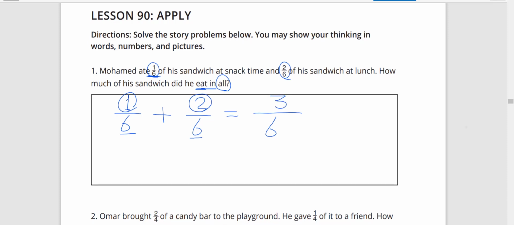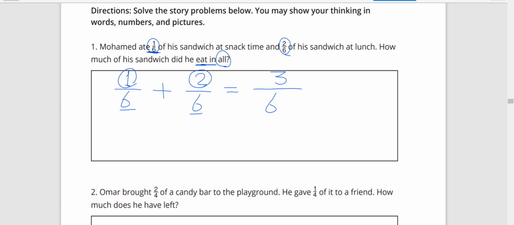By using pictures, draw a bar of sandwich divided into 6 equal parts.